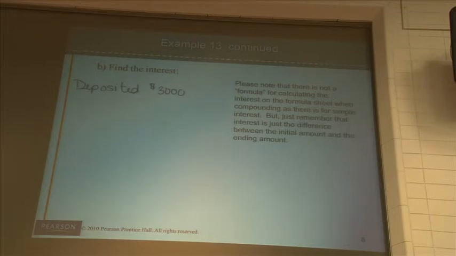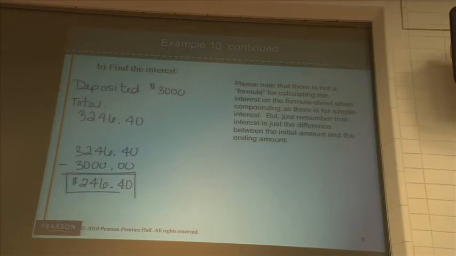Well, we said that we had a total of $3,246.40. So to find the interest, you subtract. So we made $246.40 in interest. Just subtract.